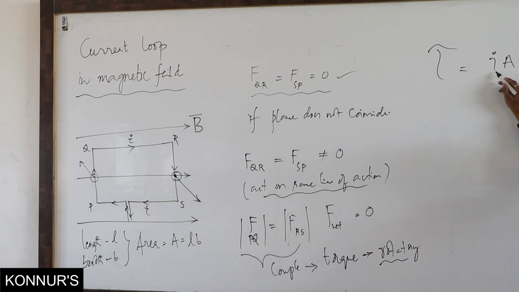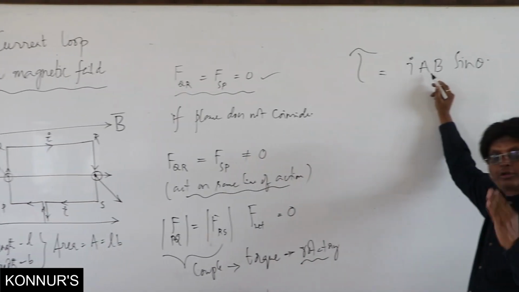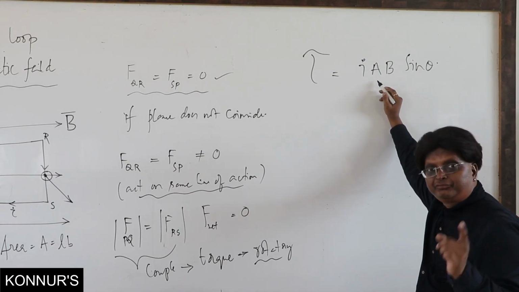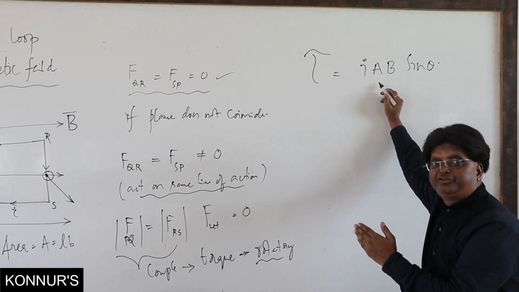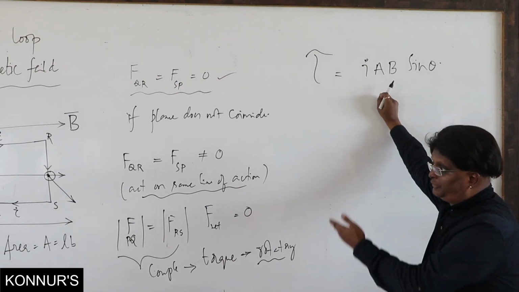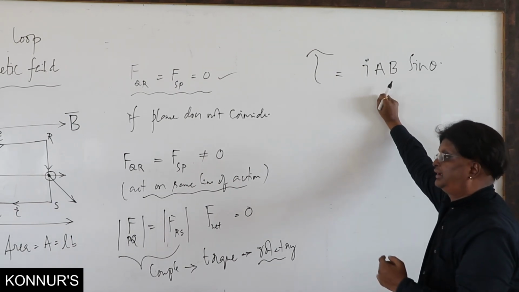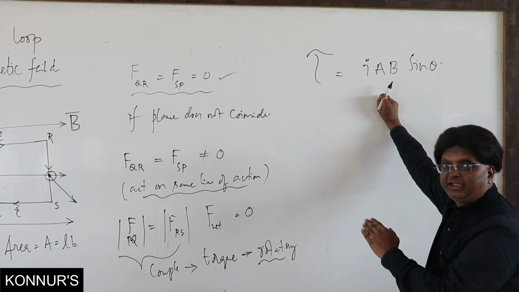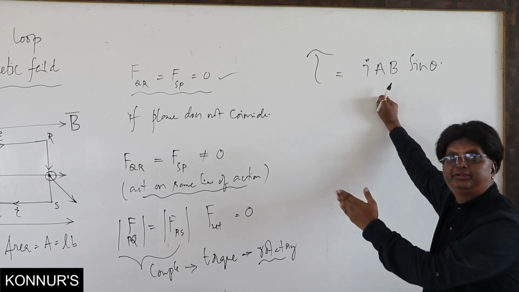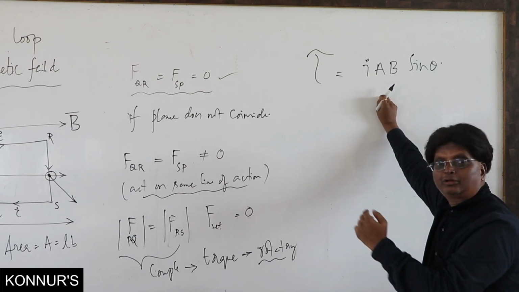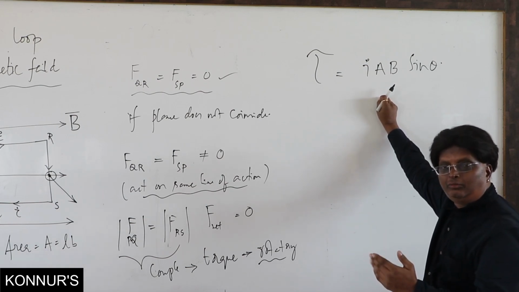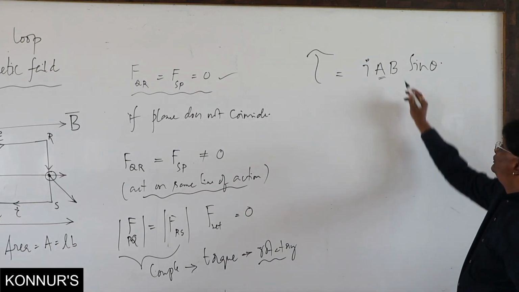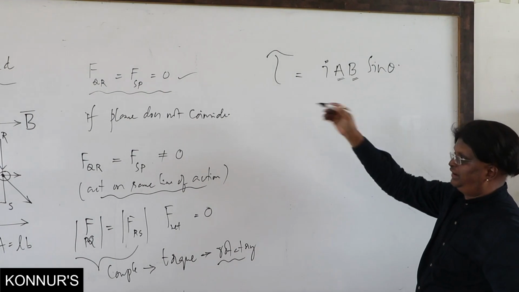Here I is the current carried by the loop, A is the area of cross section of the loop, and that is what I have told you. Whatever the geometry may be, for our mathematical comfort we have taken a rectangular geometry and got an answer. Same is the case for any other geometry, supposing it is a circular coil or a triangle, whatever it is. A for area of cross section, B for external induction, which we have taken as uniform.